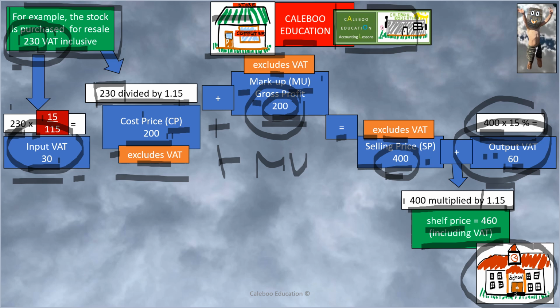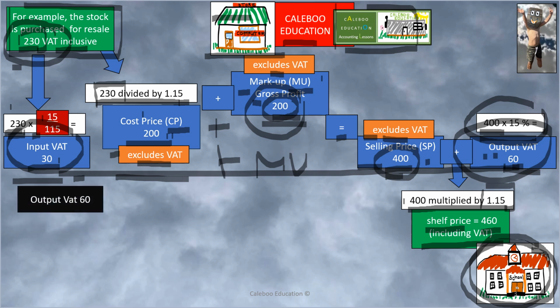So it went right from purchasing from the supplier, Calibre Education purchased from the supplier. All this math took place, and eventually it was sold to the customer, the school. So in this example here, the output VAT was calculated to be 60.